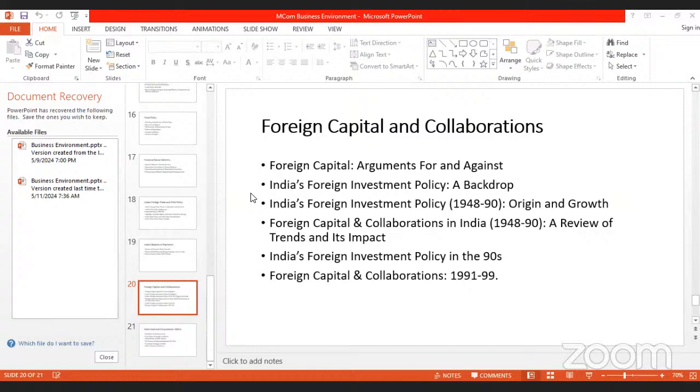Now, the next is India's foreign investment policy in the 90s. The next policy to be reviewed. Again, we need to review the policy and discuss trends and impact of this policy.